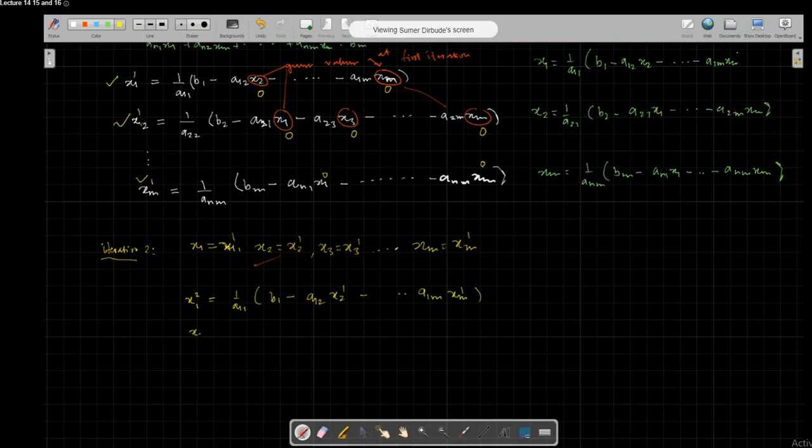Okay, x2^2 will be equal to 1 upon a22 times b2 minus a21 x1^1 minus up to a2n xn^1. Likewise, you get xn^2 is equal to 1 over ann times bn minus an1 x1^1 up to ann-1 xn-1^1.